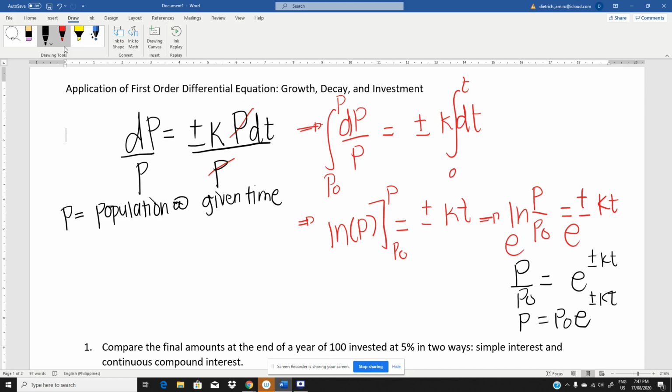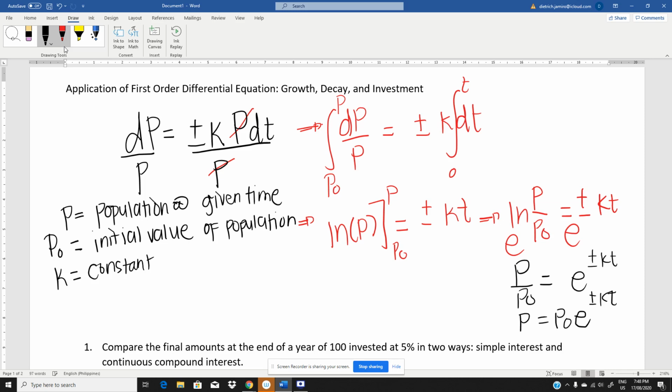For our P0, this is our initial value of population, while our k is going to be our constant of proportionality.